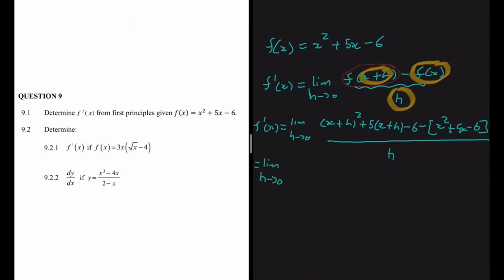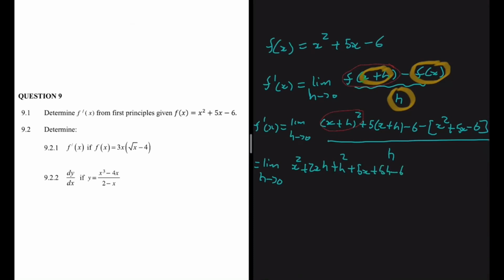So now we're solving this here, x plus h squared. We say that x multiplied by x will be x squared, and then x multiplied by h multiplied by 2 will be plus 2xh, and then h multiplied by h is just h squared. And now we have plus 5 multiplied by x plus h, so we get plus 5x plus 5h minus 6.